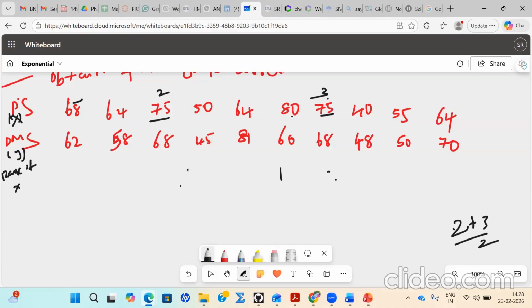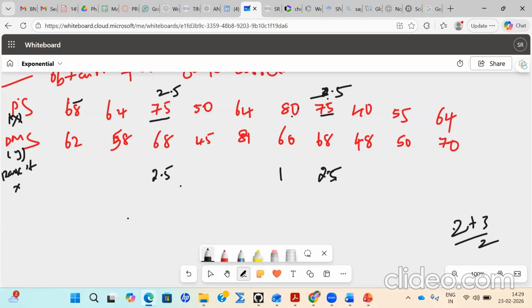So instead of 2 or 3 here, we are taking the average of the 2 and 3 ranks. For both we will give 2 plus 3 by 2, which is 2.5. So he will also get 2.5 rank and he will also get 2.5 rank.